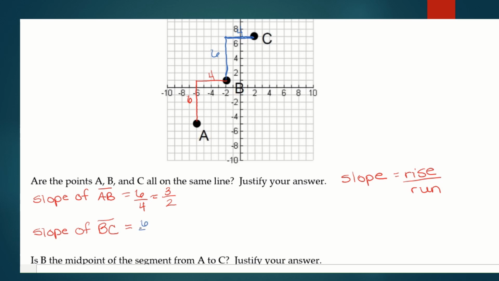We rose 6, ran 4, which gave us the exact same slope. So are all 3 of these points on the same line? Yes, because they all have the same slope.